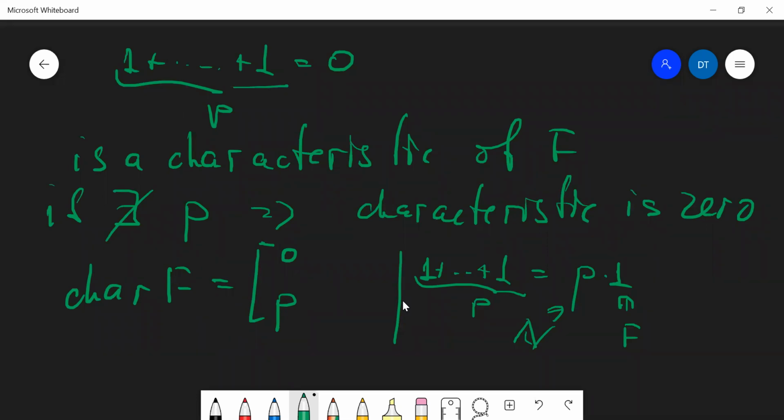So then the result is a well-defined element of the field F. So this is just a simpler shorthand for this notation. So you just multiply a natural number by an element of a field. So you can actually use this notation for any element of the field, like x plus x plus x, p times equals p times x.